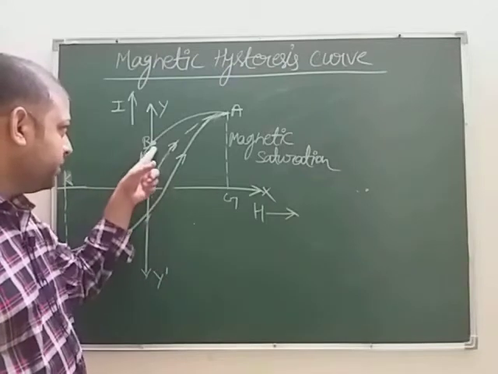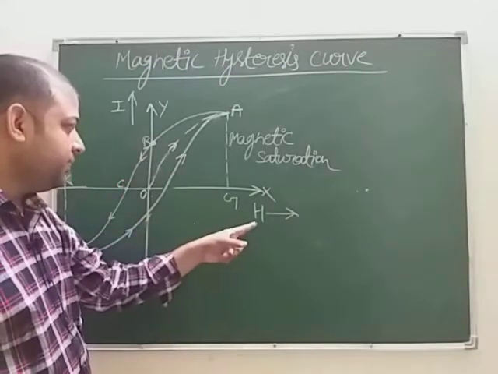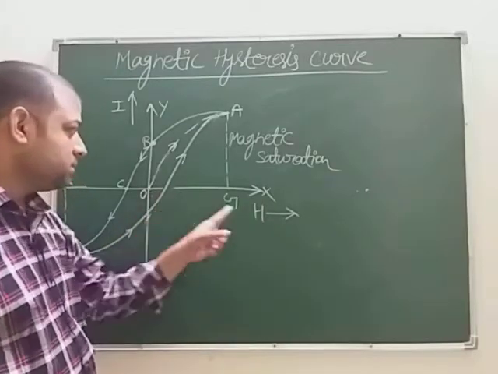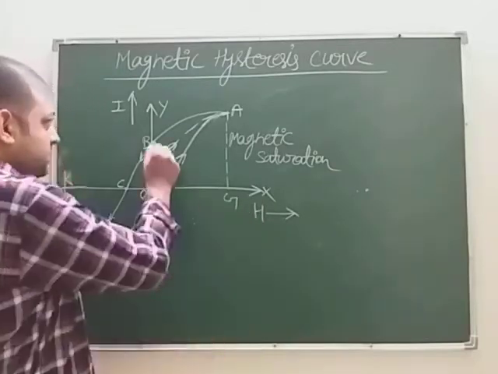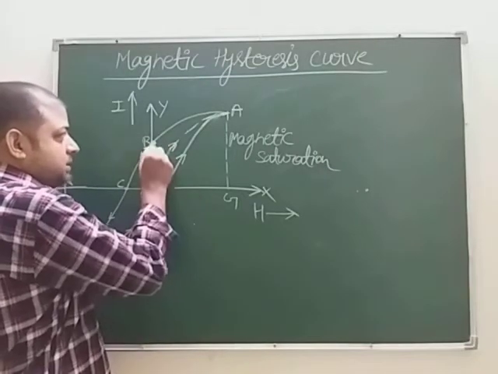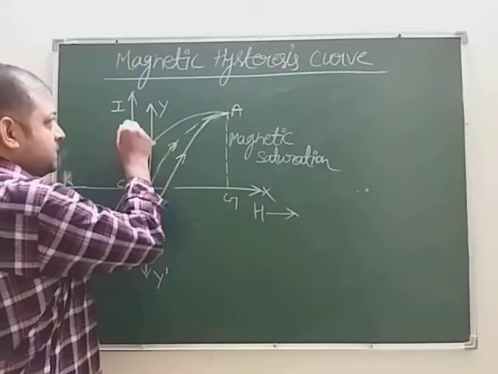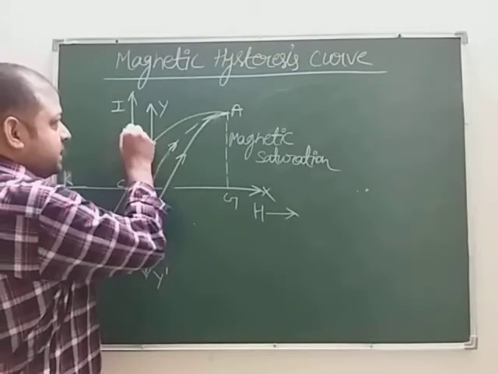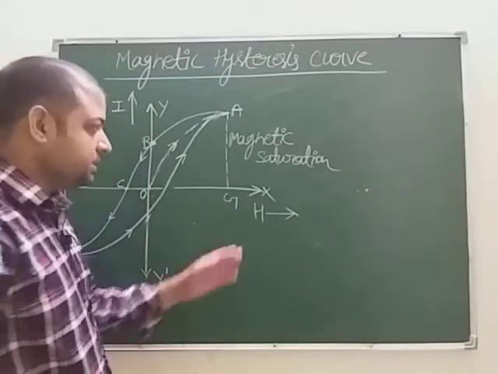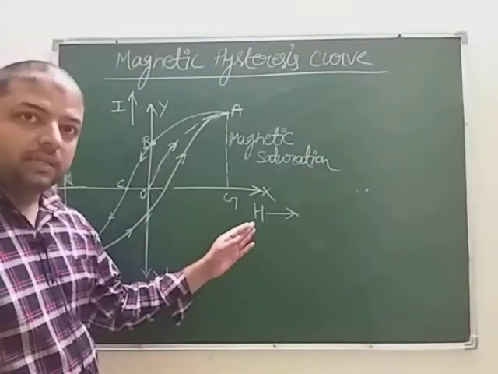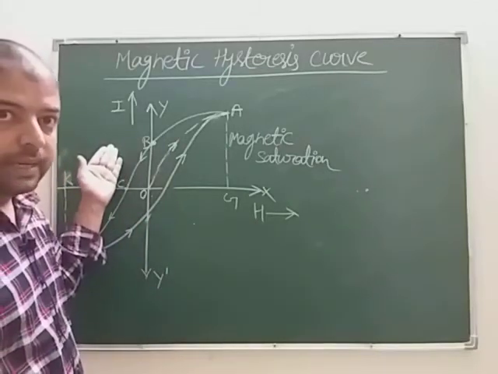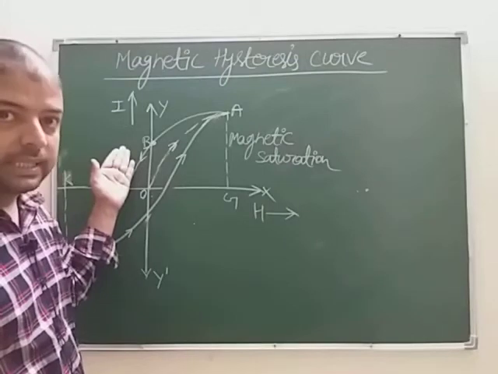At point B, the magnetizing field H becomes 0, but there is still some value of intensity of magnetization. Although we have decreased the magnetizing field to 0, some intensity of magnetization is left behind in the ferromagnetic material.